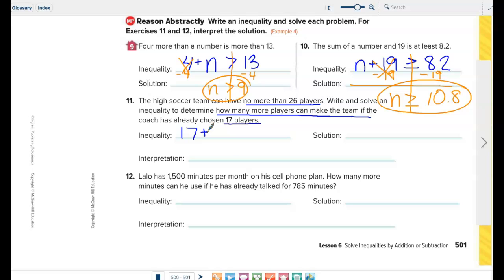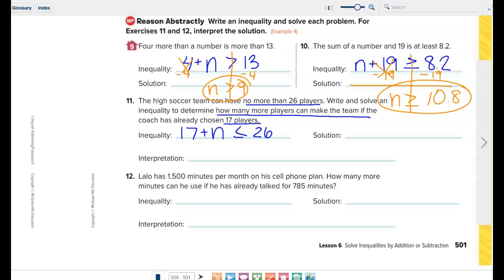We don't know how many more we can add though, so let's call that n. But we know that we cannot have any more than 26 players. So it could equal 26 players, but it can't be bigger than that. It has to be less than that. So my sign is less than or equal to.